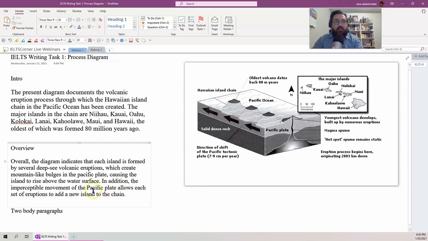Okay, so here we're talking about key feature, and then we can add a final sentence. We can say a small map of the major Hawaiian islands in the chain is also included.